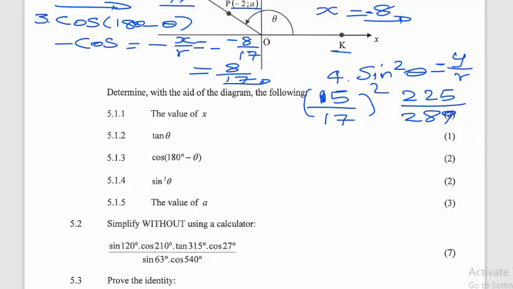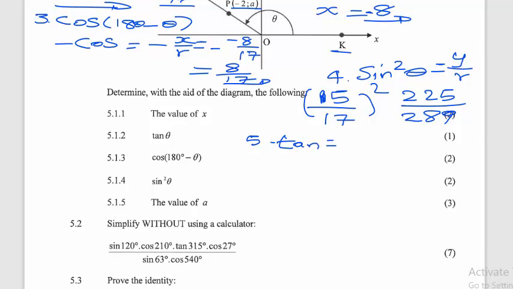Now we carry on to number 5. For our number 5, find the value of a. So you see where the a is. What happens is, because we have 2 points here, we have our x and y, and we've already found x and y. So we'll use tan to solve this.